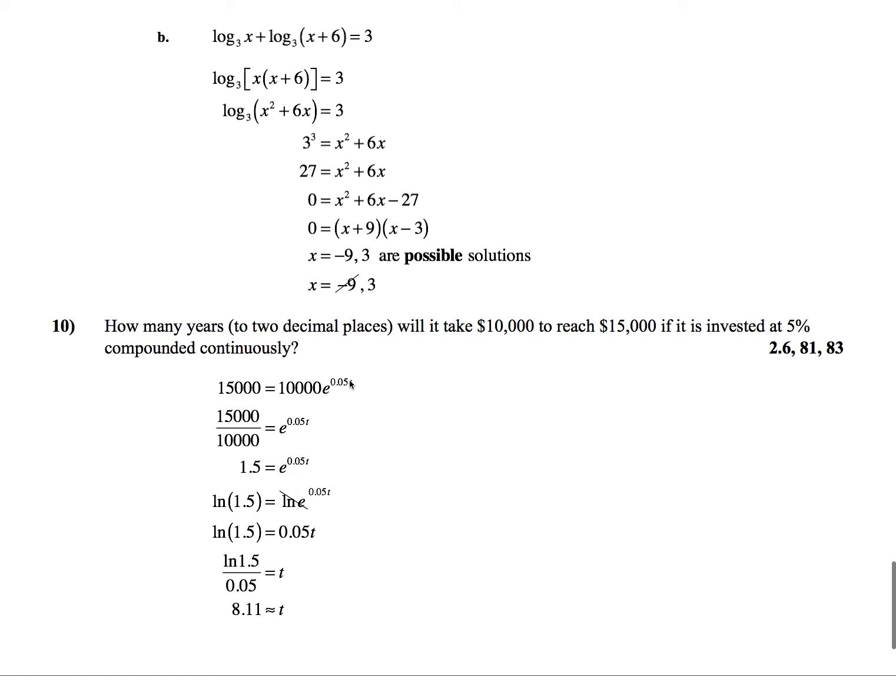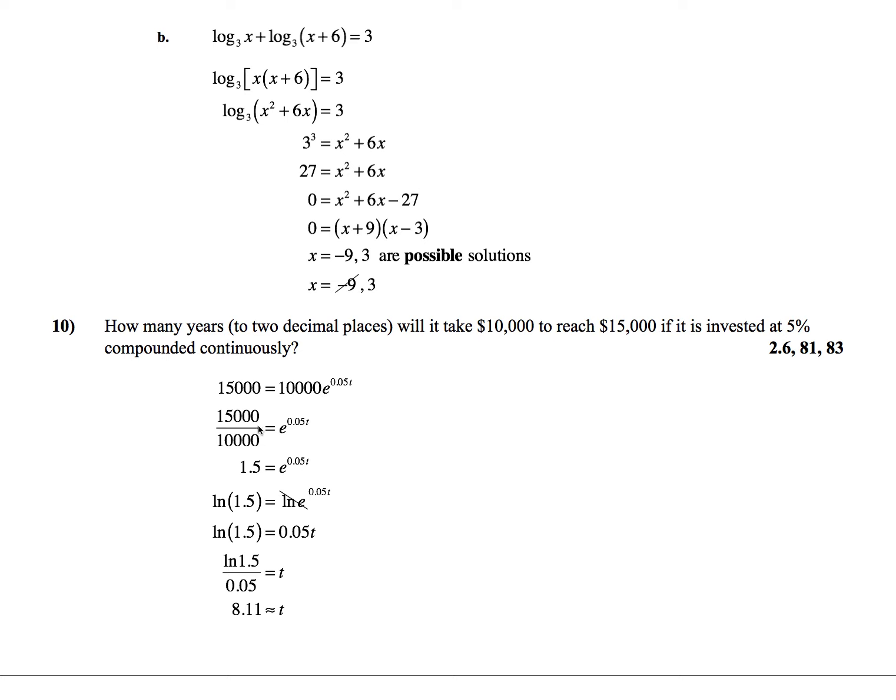Well, what is the time? The time is up in the exponent, and the best way for us to liberate that variable from the exponent is to take the logarithm of both sides of the equation. To do that, we have to uncover the base, and we have to recognize that the base in this expression is e.